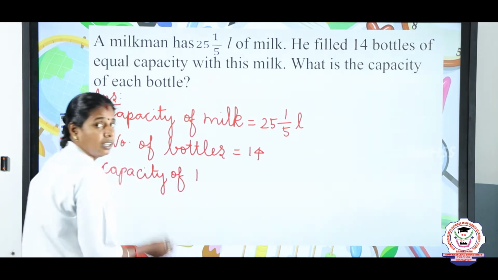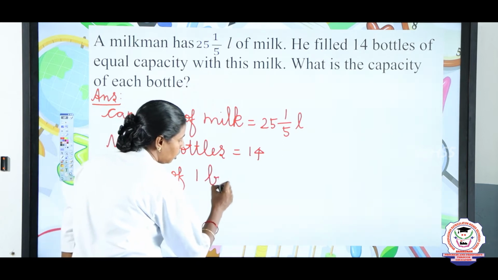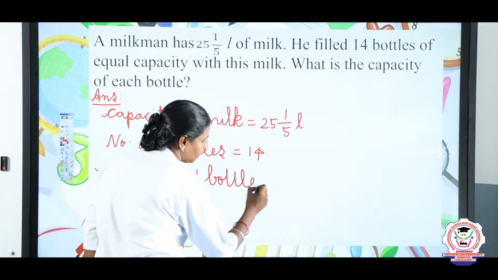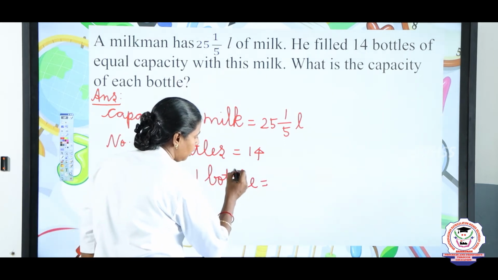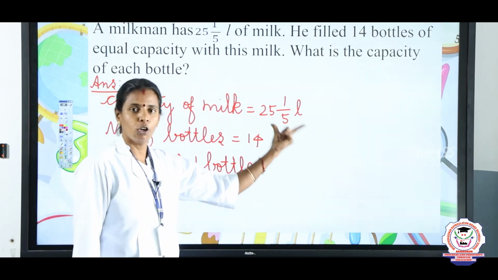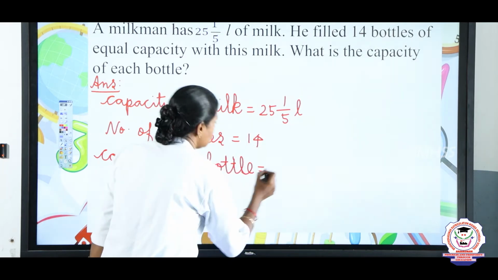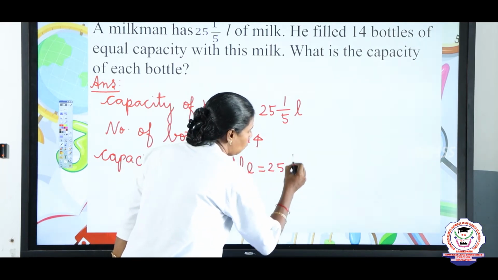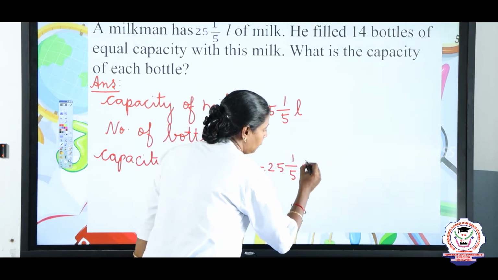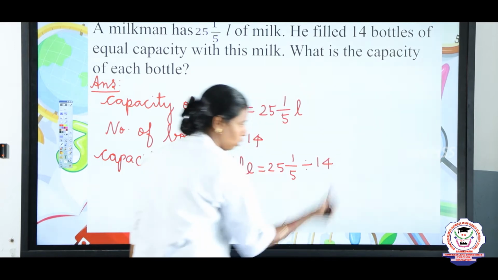Capacity of one bottle is equal to the total capacity of the milk divided by the number of bottles. So, total capacity is 25 1/5 divided by the number of bottles, 14.